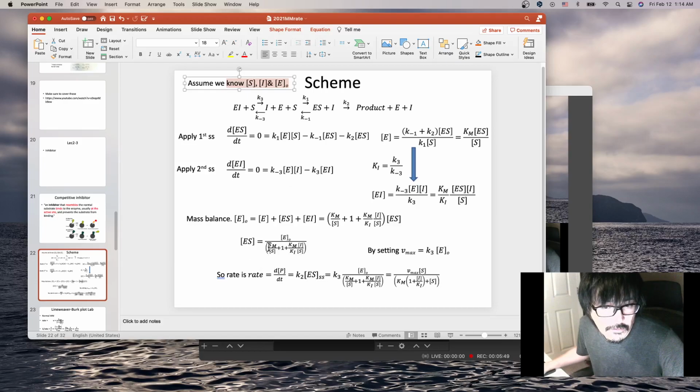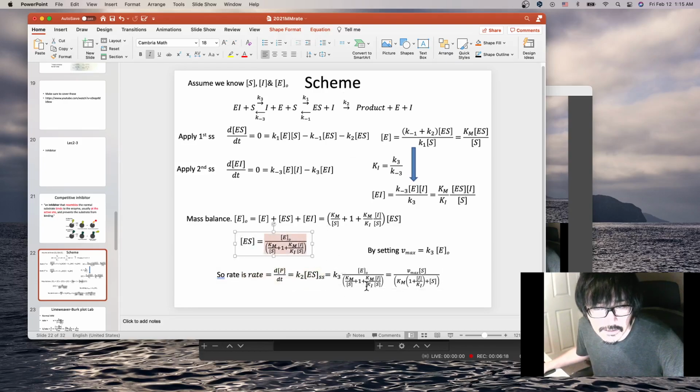If I know those, then ES can be described purely by the stuff that you already know. Now, once I get the ES, right before the product formation, I can describe the rate expression to be that rate constant multiplied by ES, and that ES is replaced by that guy.